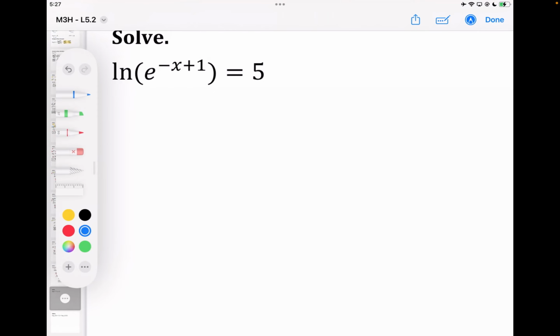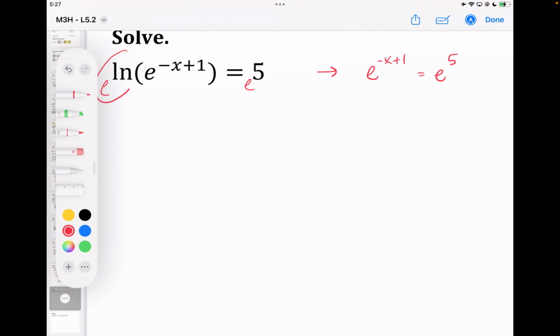Okay, this one's kind of fun, only because it looks more complicated than it actually is. Now, if you want to, you could exponentiate and do a base of e on both sides. If you do that, you'd get e to the negative x plus 1 equals e to the 5th. And then you'll notice the bases are exactly the same, and you can get rid of it. And I should back up.